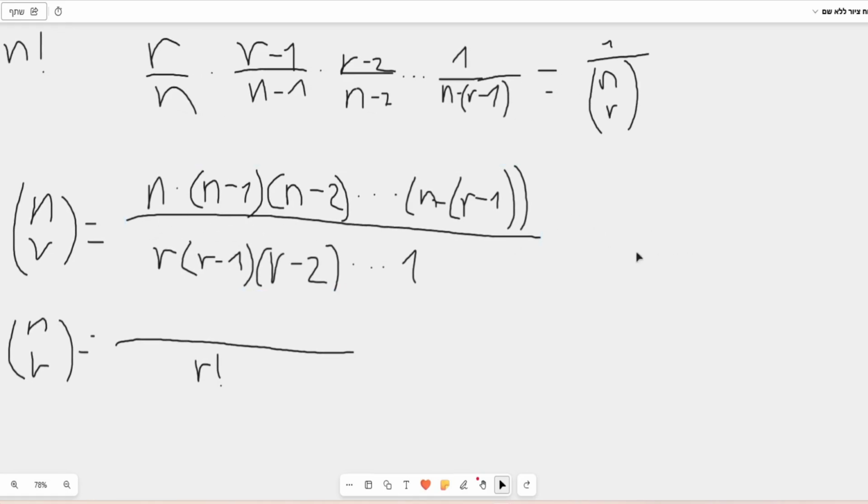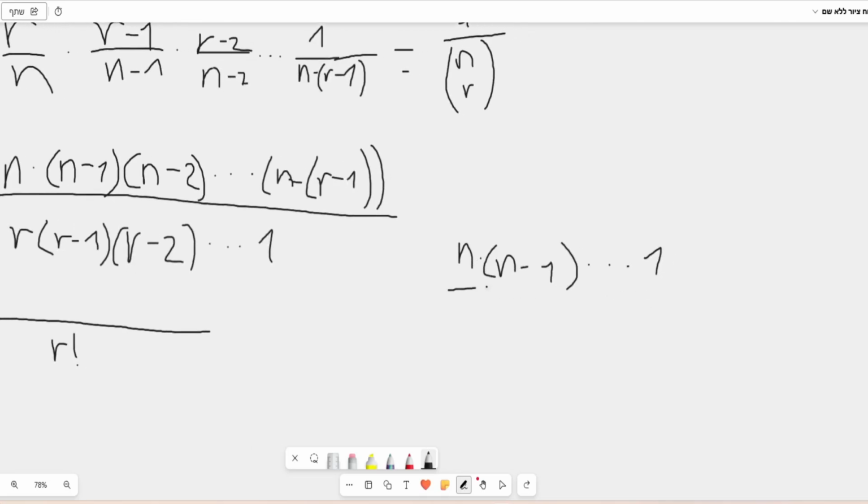We can have n times n minus 1 and so on until 1, over n minus r times n minus r minus 1 and so on until we multiply by 1, right?